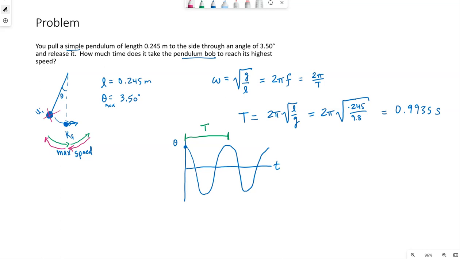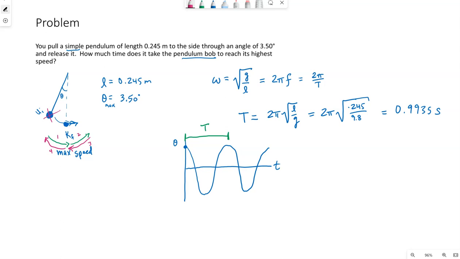Well, a whole period, I don't know if you can tell, is broken up essentially into 4 pieces. Section 1 is going from maximum potential to maximum kinetic. Section 2 is maximum kinetic back to potential. 3 is potential back to kinetic. 4 is kinetic back to potential.